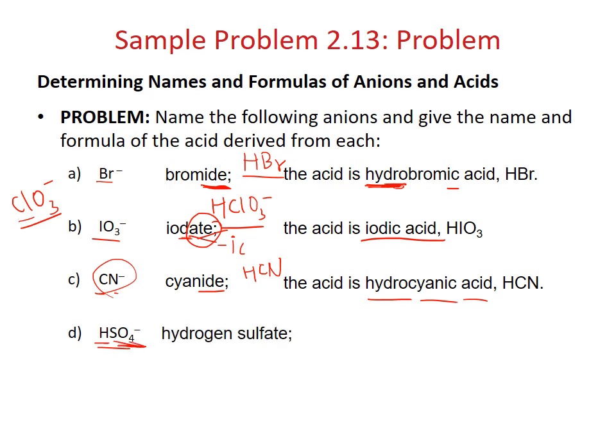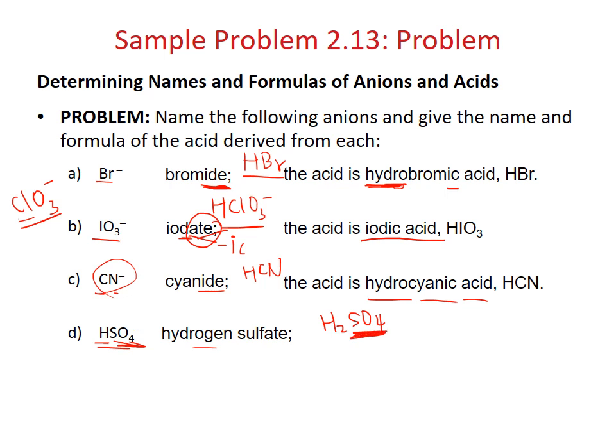So the anion is hydrogen sulfate. When you add the hydrogen, you get H2SO4, okay? The interesting thing is for this acid, you consider it comes from sulfate.